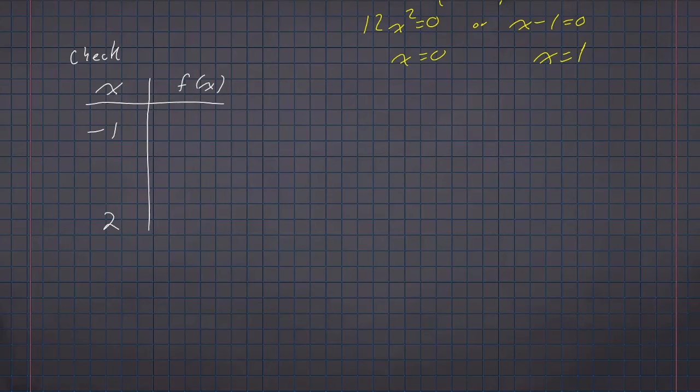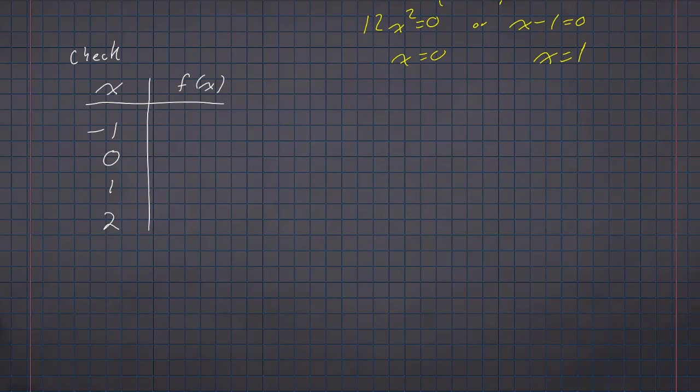We saw that this function had critical values of 0 and 1. In this case, both of the critical values were in the interval in question. If you have a critical value that is not in the interval where you are looking, you do not need to check at that point. But these are both in the interval where we're considering, so we do have to check them.